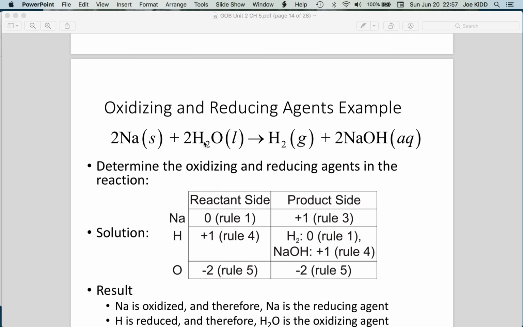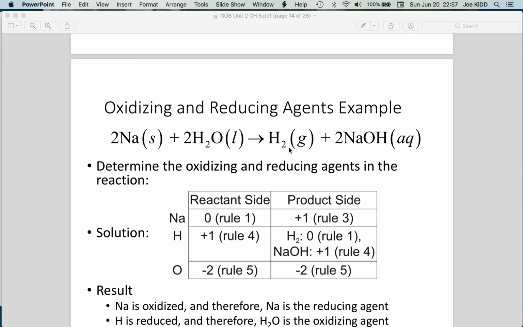Let's keep going though. Our hydrogens, in this case we had our hydrogens on this side, they were combined, and we look at it in water, and we know oxygen's a -2, so each of these hydrogens must be a +1. Plus we know that the rule is combined hydrogens are always +1. Let's look on this side. We have hydrogen in 2 different places.